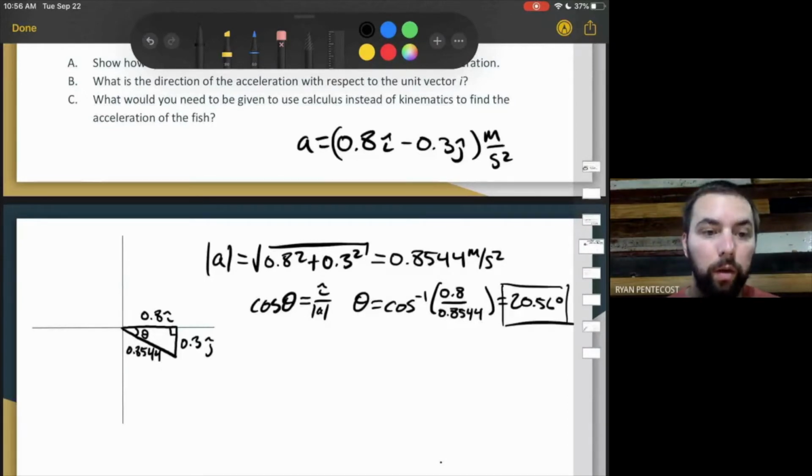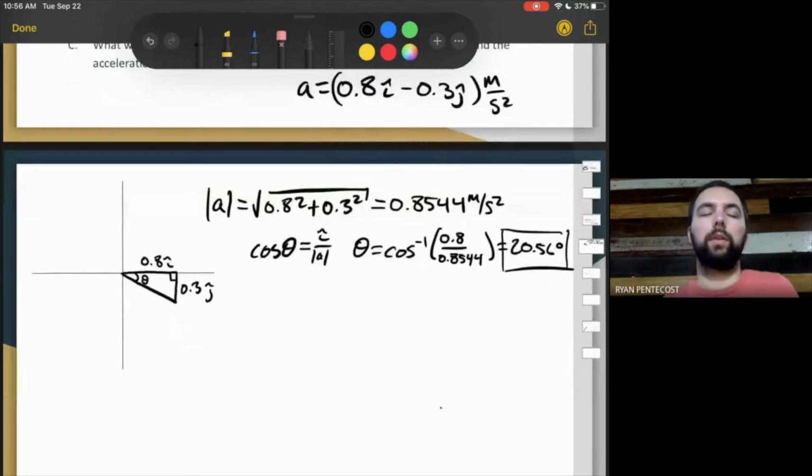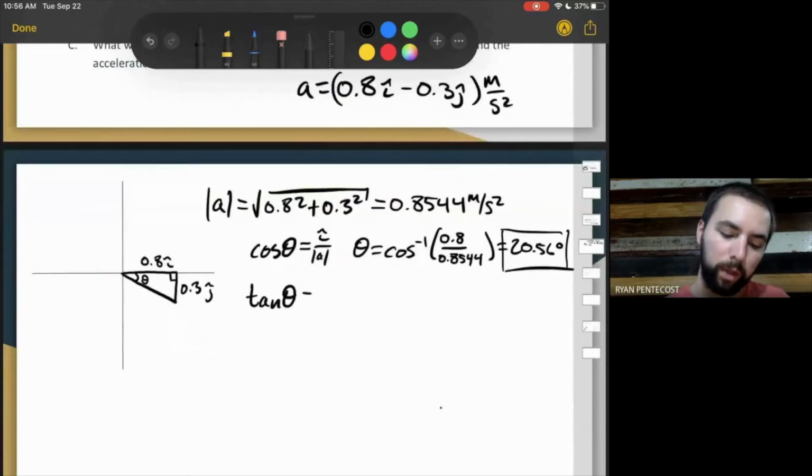That is the long way to do it. What we can do is completely ignore the magnitude of the vector. Okay. A common mistake in doing these trig problems is you forget that you have tangent. Tangent theta is opposite, which in this case would be j, over adjacent, which would be i.